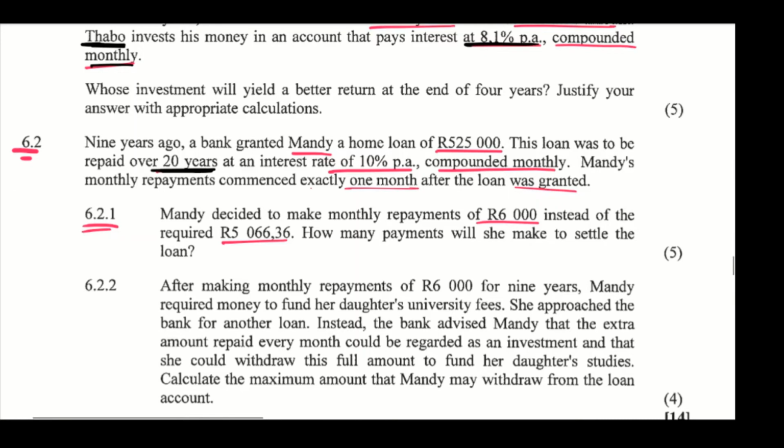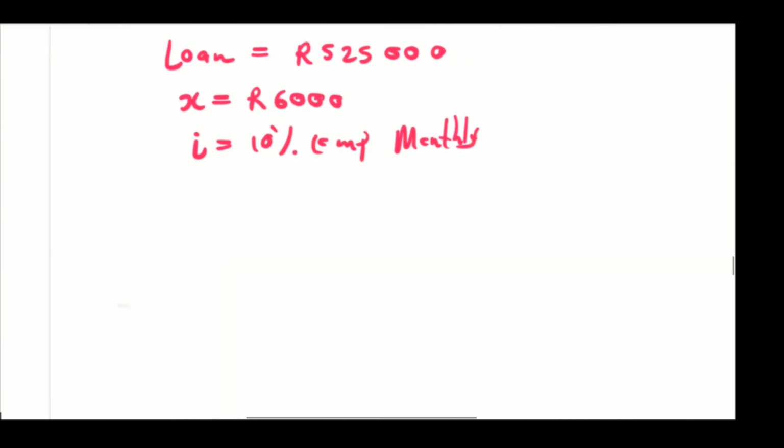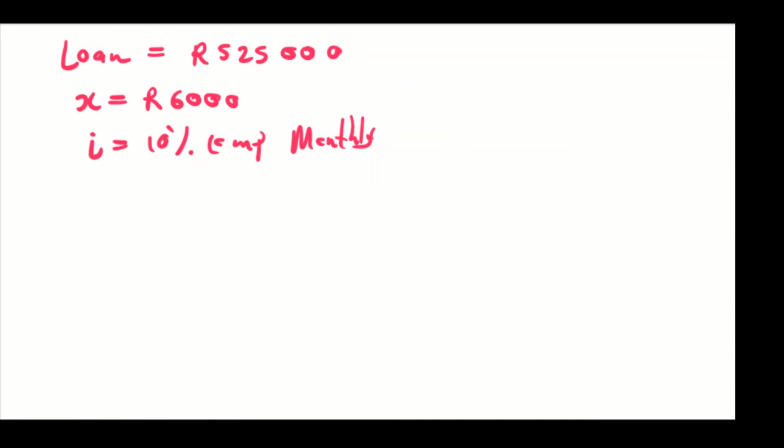In this question, we just want to find the number of payments. I just want to remind you that N in annuities doesn't mean number of years, it means number of payments. Please note that when you're dealing with annuities, N stands for number of payments.